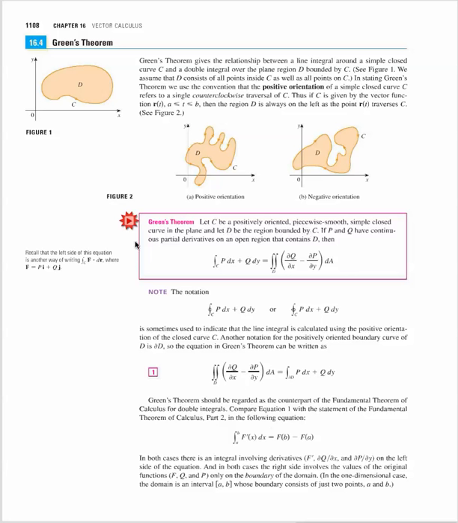and if P and Q have continuous partial derivatives on an open region containing D, the enclosed region, then the line integral around the boundary of P dx plus Q dy, well, that's the same thing as F dot dr, is the double integral of dQ/dx minus dP/dy with respect to area over D. So what Green's theorem lets you do is turn a line integral around a closed curve into a double integral over the region that the closed curve encloses.